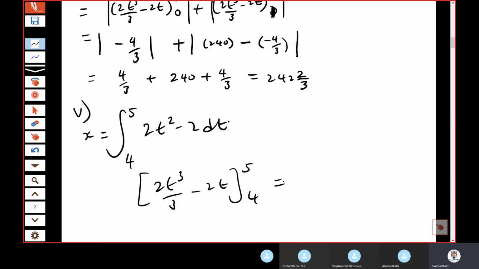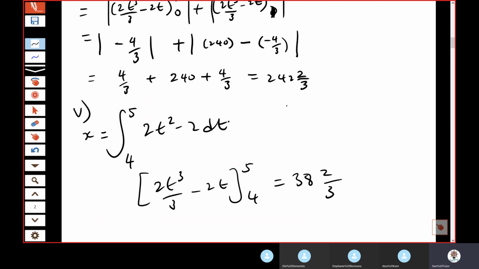Because you know it's only going to be negative in the rest area, so this shouldn't have an impact. So 2 bracket 5 cubed on 3 minus 10, minus open bracket 2 times 4 cubed on 3 minus 8 close bracket. I got 38 and 2/3, something like that.